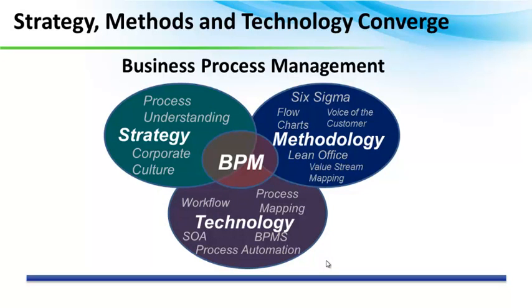Business process management is a convergence of three things: strategy, methodology, and technology. BPM originated as a management strategy or a philosophy. That's really where its origins come from. By understanding an organization's business processes, by identifying and focusing on those that deliver value to the customer, and through measuring and controlling processes, an organization can not only be more efficient and more effective, but be able to adapt more readily to changing market conditions and business demands.